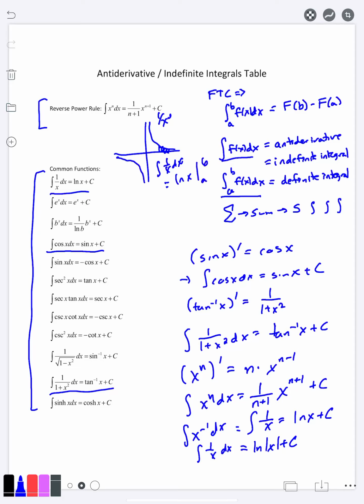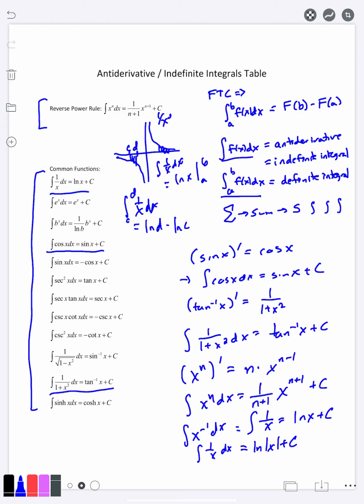But the 1 over x graph is valid for negative values. And if you want to find the antiderivative over there, let's say between c and d, you're going to have a real problem if you try to plug those numbers into ln, because you can't have negative numbers inside of ln. The domain is only positive numbers. And so it turns out that you can still get the right answer.